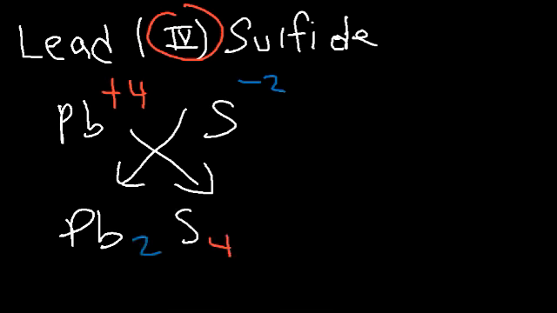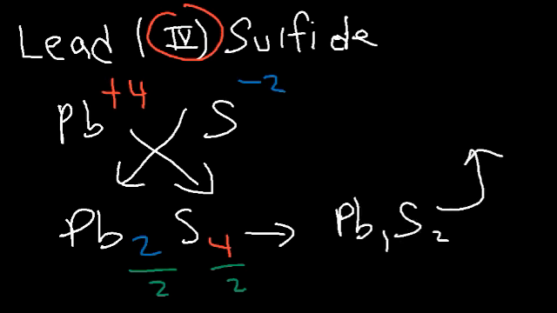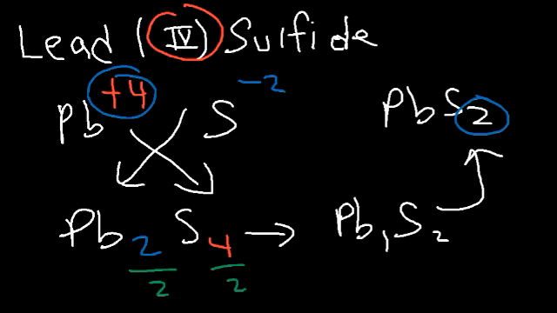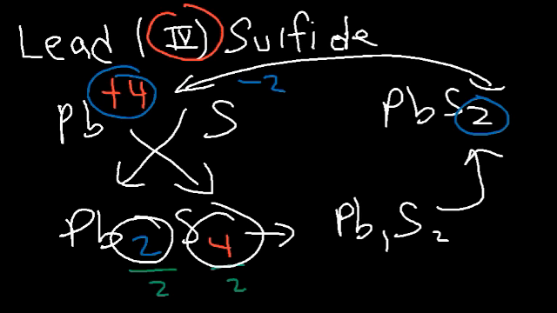But notice that we have two even numbers, and we don't have the lowest whole number ratio. If you can divide it by a whole number, you should. So if we divide both numbers by 2, it's going to be Pb1S2, which we could simply write as PbS2. So this is the case where the subscript is not always the charge. As you can see, we were able to reduce the subscripts, and that's why these two don't match.